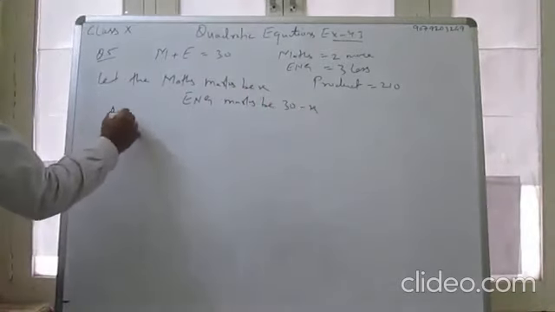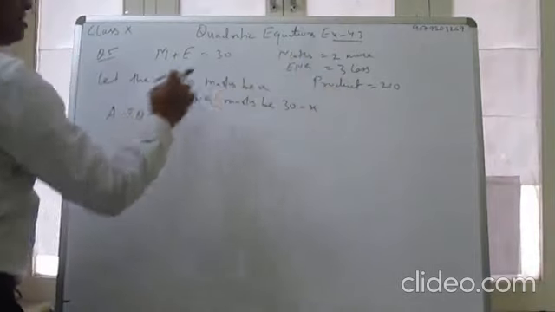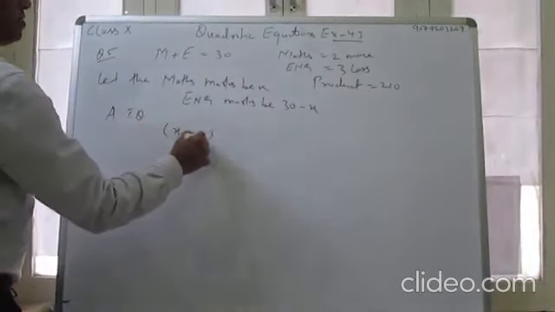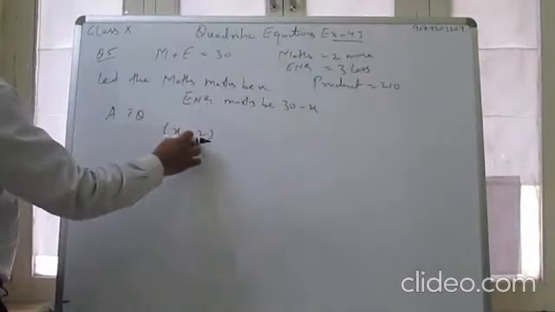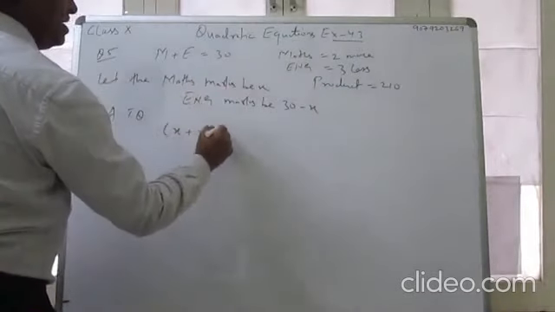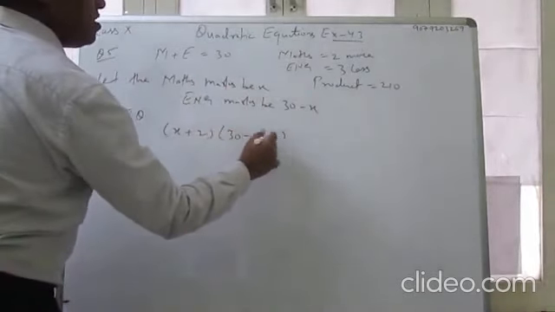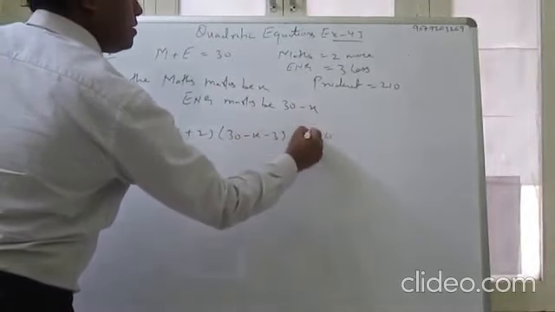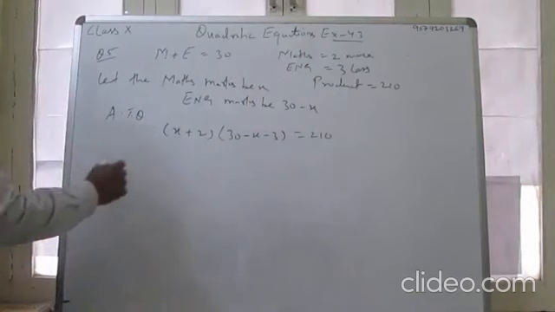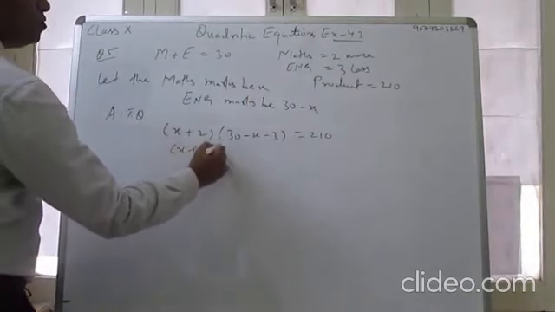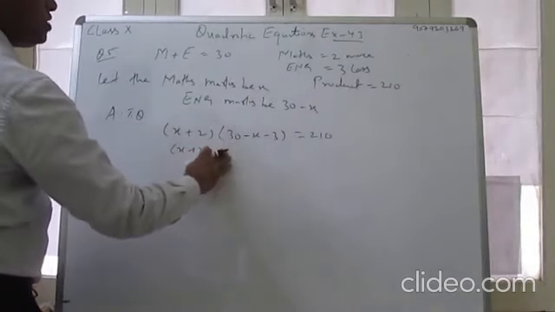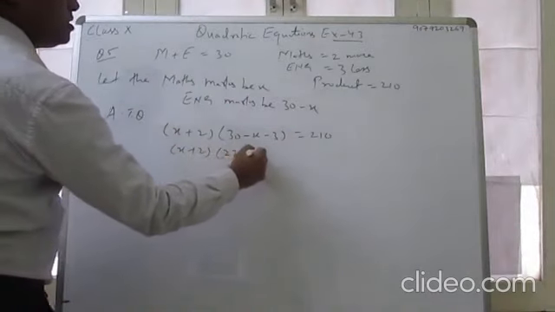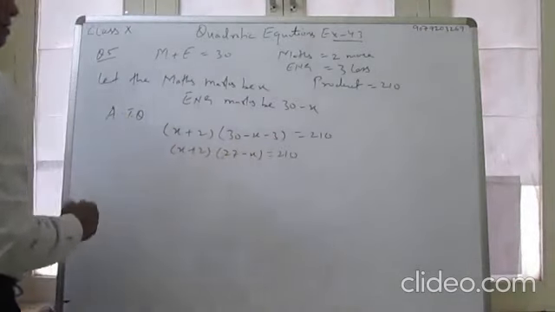According to the question, 2 more marks in Maths, so it becomes x plus 2. 3 fewer in English, so 30 minus x becomes 27 minus x, and the product is 210. Now solve it: (x plus 2)(27 minus x) is equal to 210.